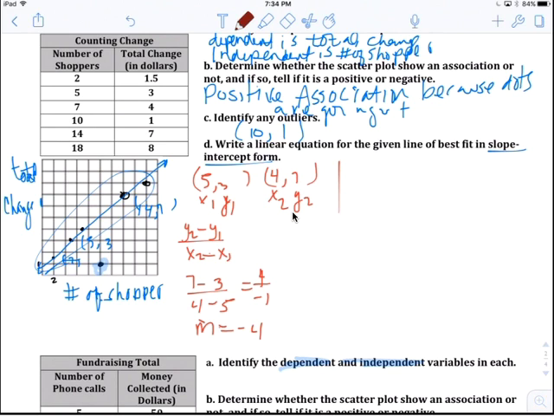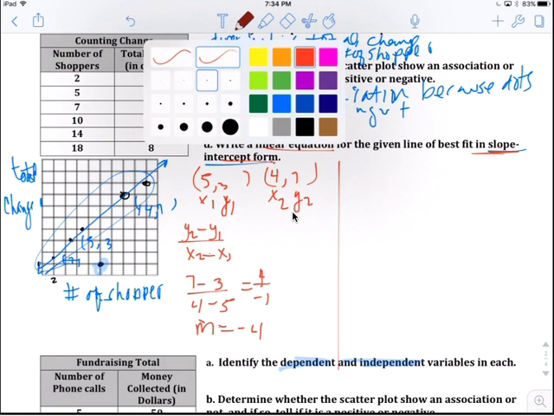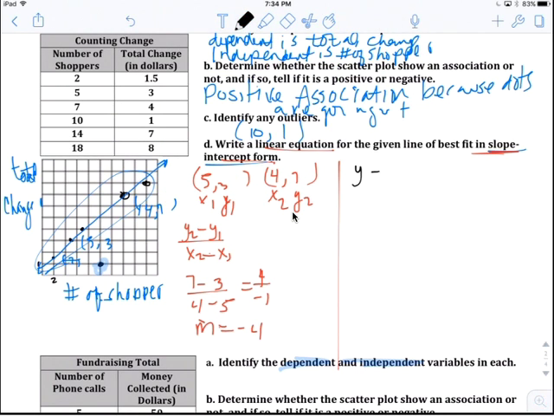So after you do that, you can do the linear equation, that means a straight line, of y minus y1 equals m, parentheses x minus x1. Y minus y1, which is 3, equals m, negative 4, parentheses x minus x1.